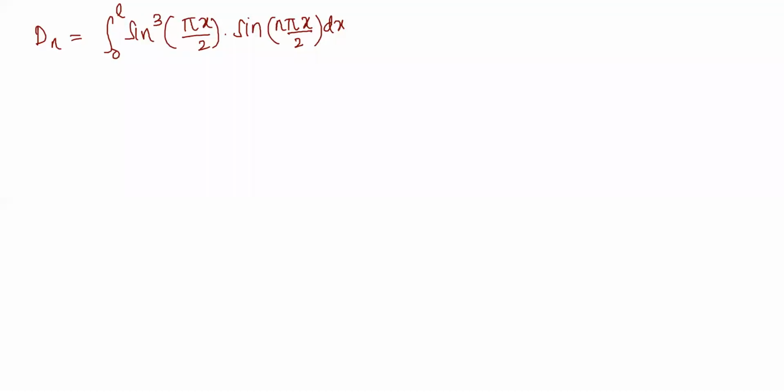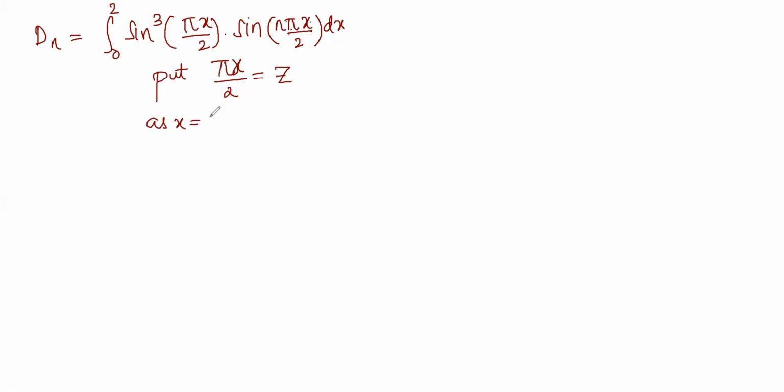This L was also 2, so rather than writing the entire thing again, write 2. Now we have to integrate this, and I just want to get rid of this factor because it is causing me a lot of trouble, pi x by 2, and it is here too, pi x by 2. So I'll put pi x by 2 equal to some variable. Let me not write t because t is already in the picture, so let me take some other variable, let's say z. Now let's change the limits.